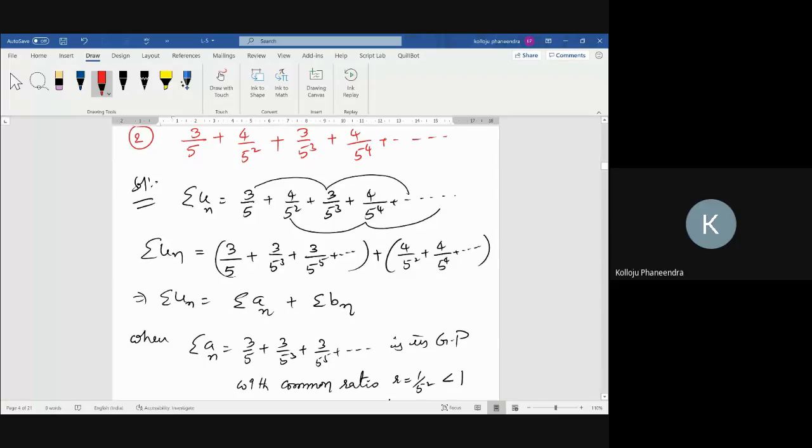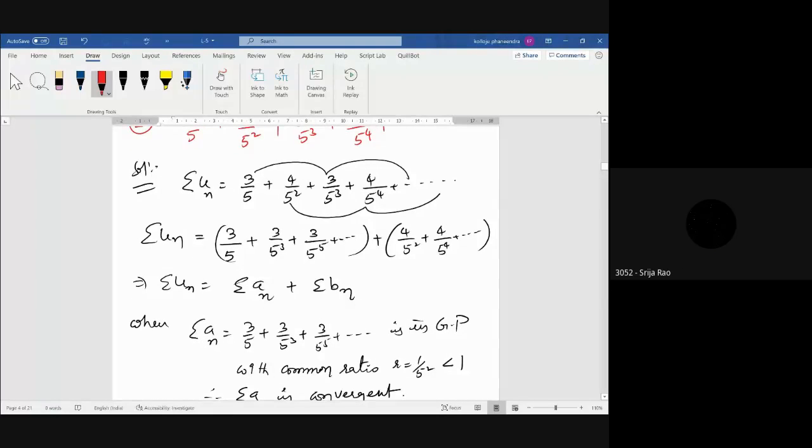I didn't do sigma an plus sigma bn. I did it separately, and my vn was 1 by 5 raised to n. No, not like that. Don't do like that. Okay, right.